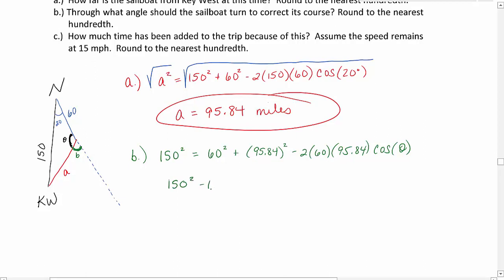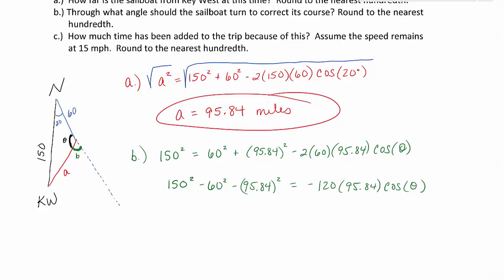So 150 squared minus 60 squared minus 95.84 squared is going to be equal to negative, maybe I'll make this 120, 95.84 cosine of theta.